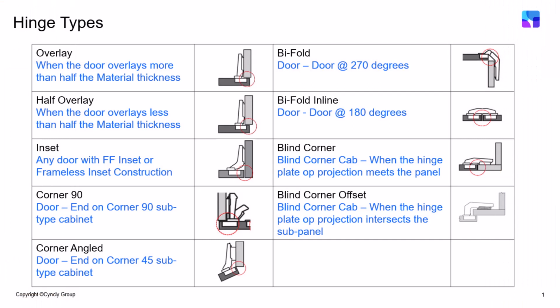Now let's go back through and review the hinge types that we've used so far. With just a few modifications, I was able to use the overlay hinge type, the half overlay hinge type, the blind corner hinge type, and the blind corner offset hinge type.